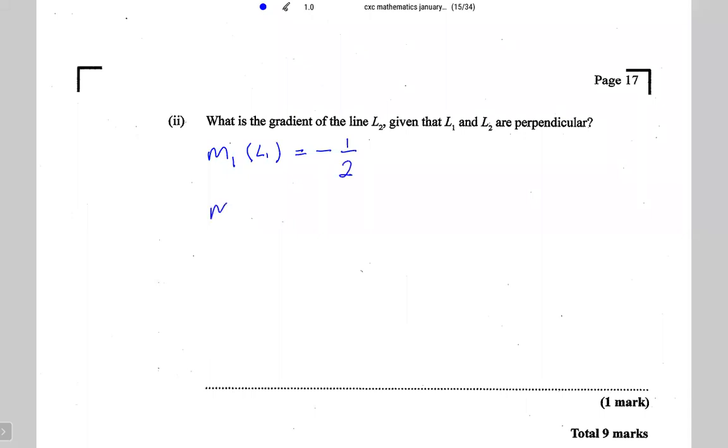Now M2, the gradient of L2, would be positive 2 over 1, which is just 2. So the product of the gradients of perpendicular lines is -1. If I want to find the gradient of a line perpendicular to a given line, I must invert the gradient of the given line and change its sign. All right, and that I believe is the end of the question.